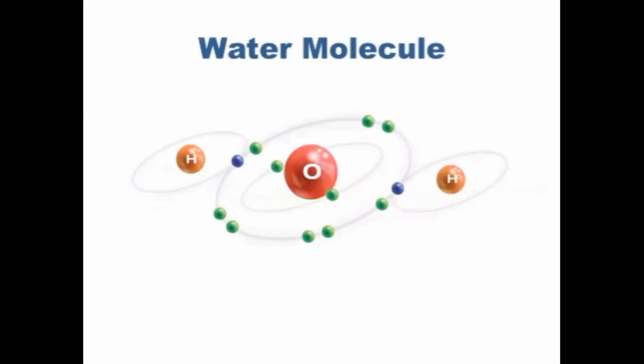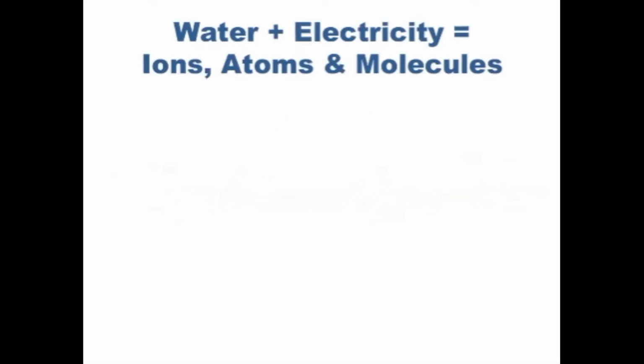And here we go talking about our favorite subject, water. Here's a water molecule. We generally call it H2O, but it's actually HOH. And when we put water and electricity together, we come up with a whole array of things. We come up with ions, atoms, and molecules. So here's the picture of the ions.